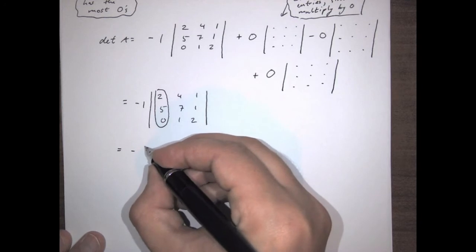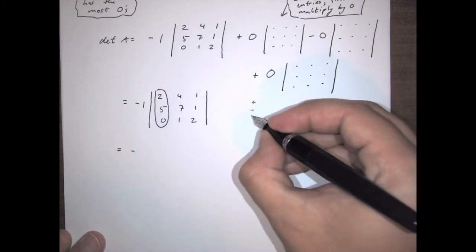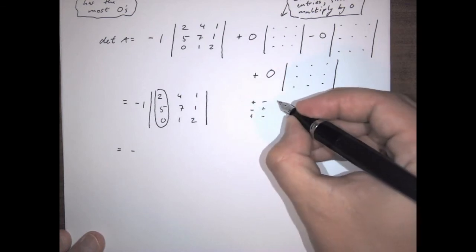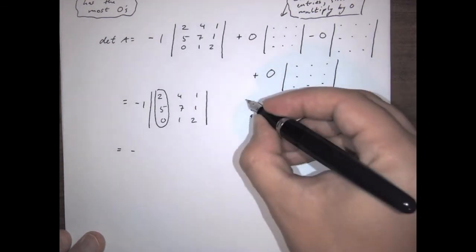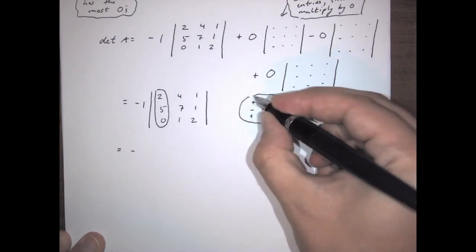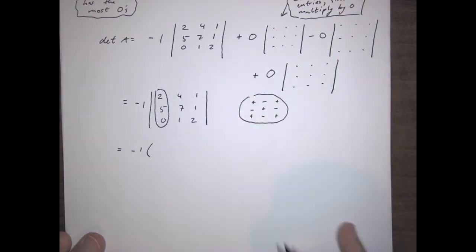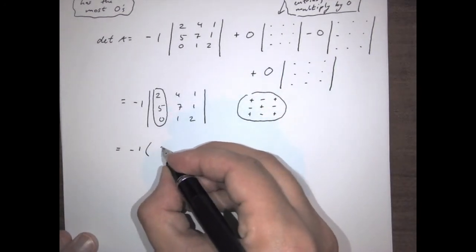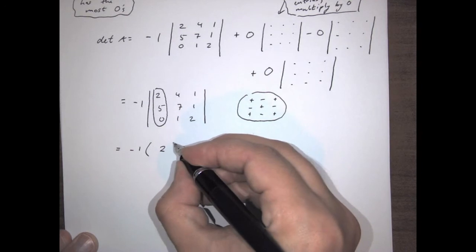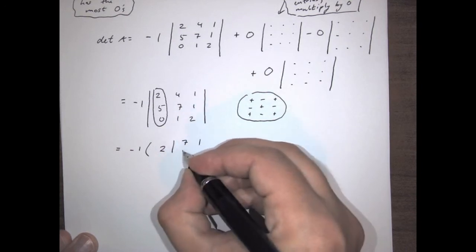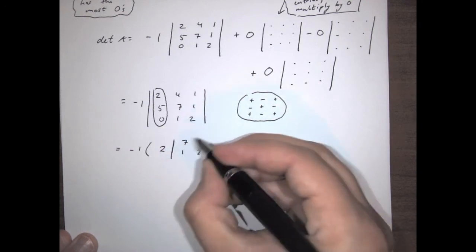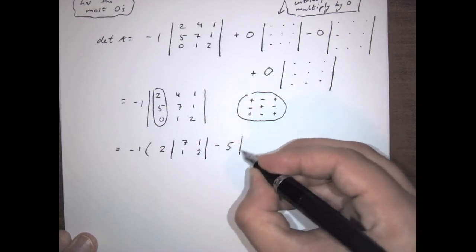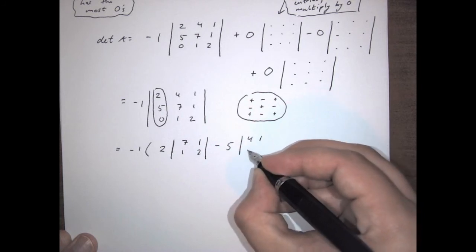But now, again, checkerboard tells me plus, minus, plus, minus, plus, minus, plus, minus, plus. The checkerboard tells me that inside this -1, we're going to have positive 2 times the determinant of 7, 1, 1, 2, minus 5 times 4, 1, 1, 2.